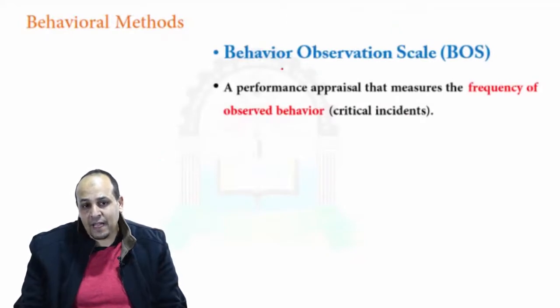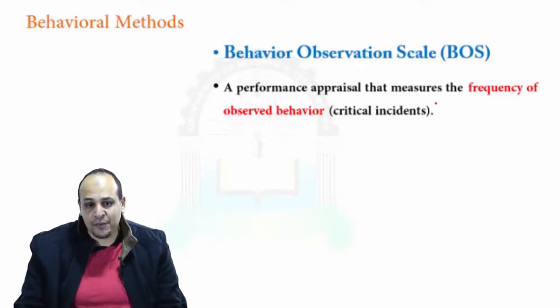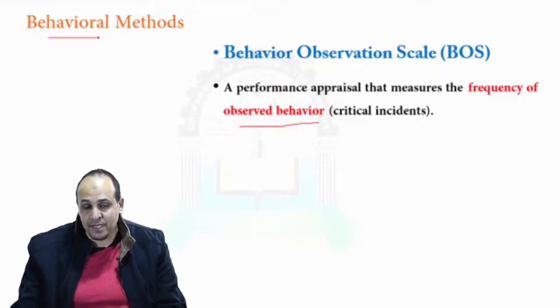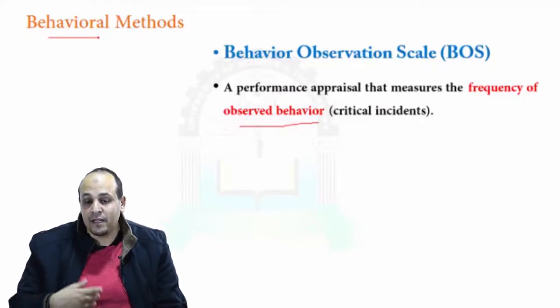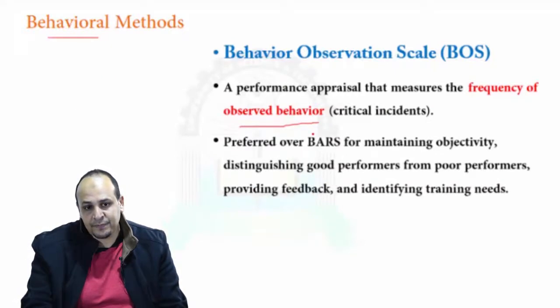Now we have another method, which is the behavior observation scale, which is the last one. It is a performance appraisal that measures the frequency of observed behavior. Again, it's about critical incidents because we're talking about behavior. So we're talking about actual performance, but here we're talking about the most frequent kind of behavior observed by supervisors.